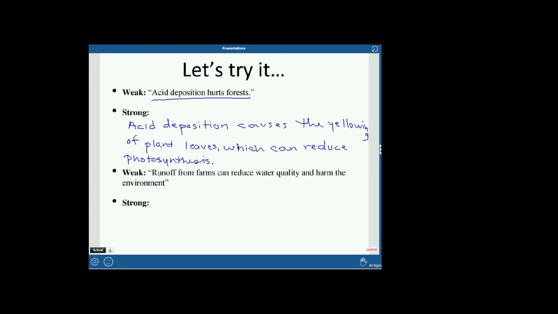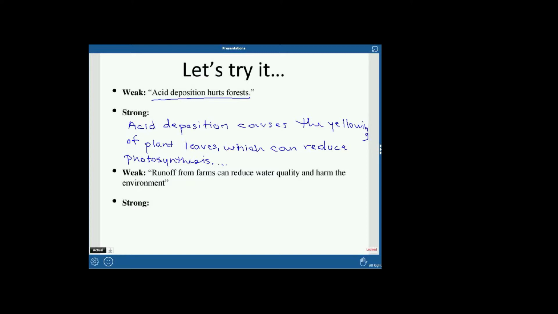And then you could even go on and talk about how a reduction in photosynthesis will make plants grow slower or not as well. And then the forest won't be as healthy, or something like that.